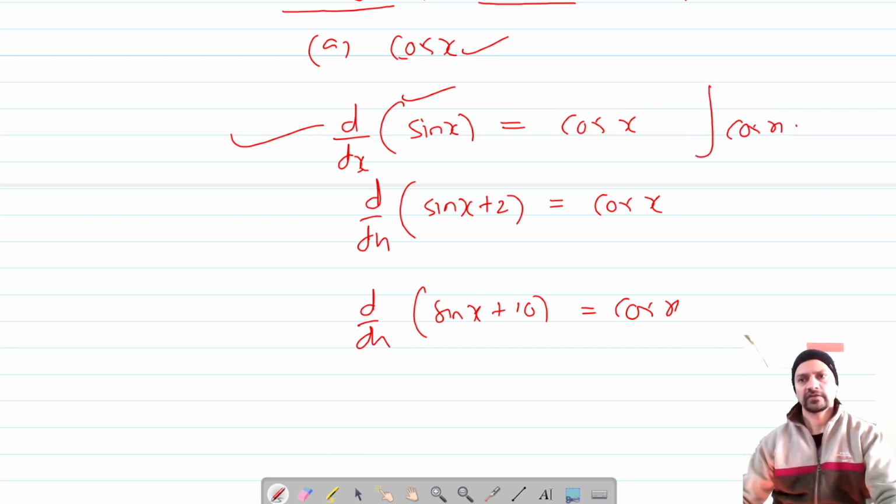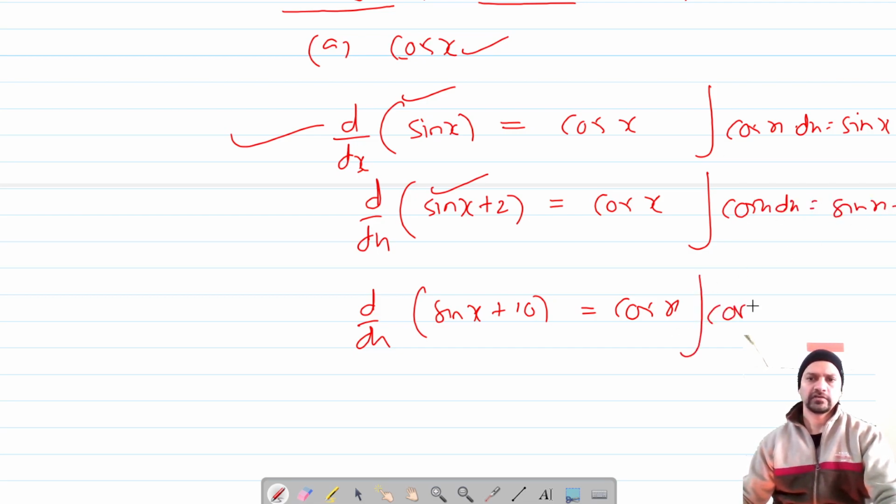In this case, the integration of cos x dx was sin x plus 2. In this case, the integration of cos x dx was sin x plus 10. And this is our constant.